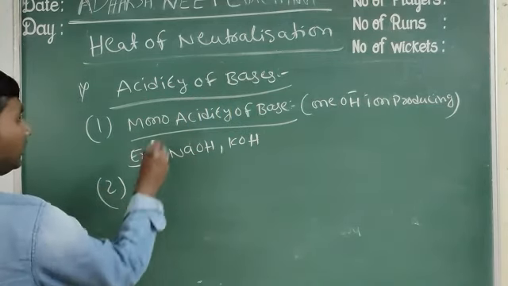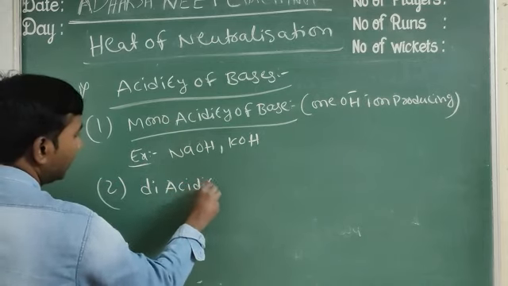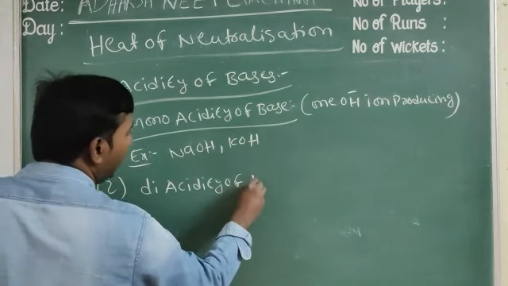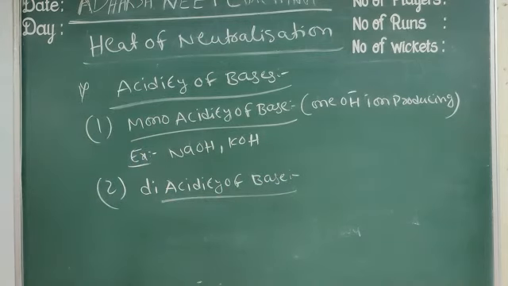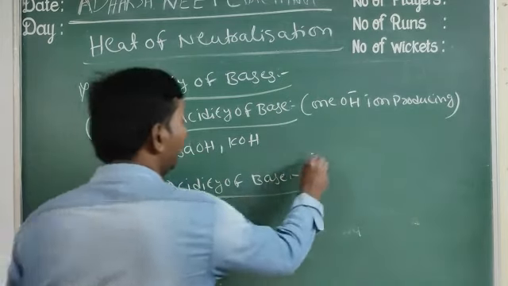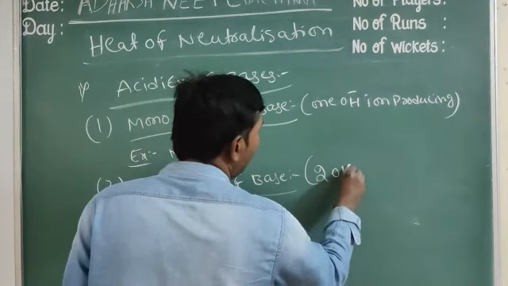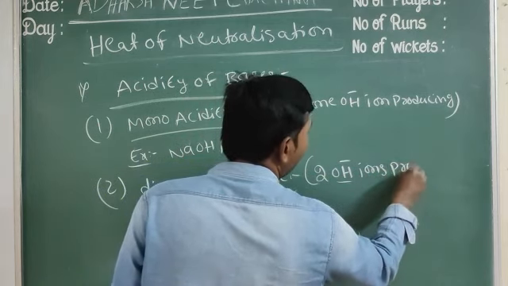Next, diacidity of base. That means here two OH minus ions are produced.